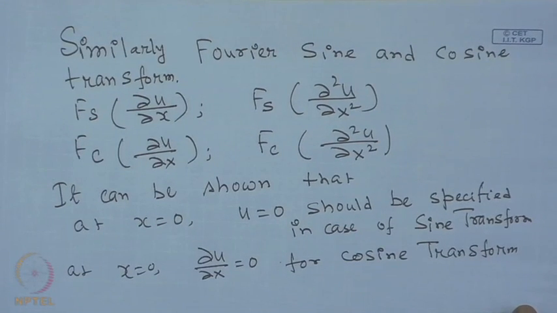That means, if we have a problem where this boundary condition appears, at x equal to 0, u is equal to 0, we will be able to do a sine transformation. We can have a Fourier sine transform on both the sides. For a problem where it is specified that at x is equal to 0, del u del x is equal to 0, then we can have a Fourier cosine transform.